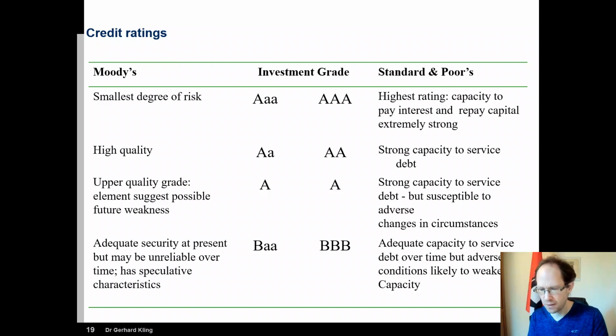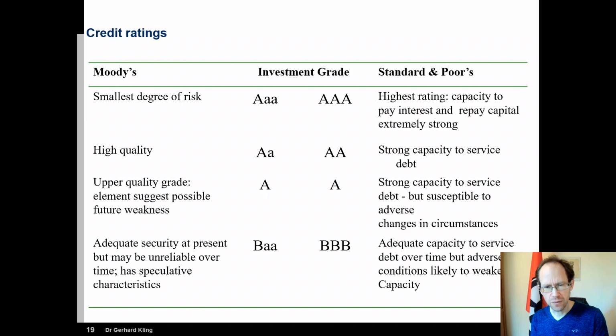There are many others as well, like Fitch. These rating agencies explore a company or maybe also a sovereign entity, and they assess the likelihood of default and then assign a grade to it.